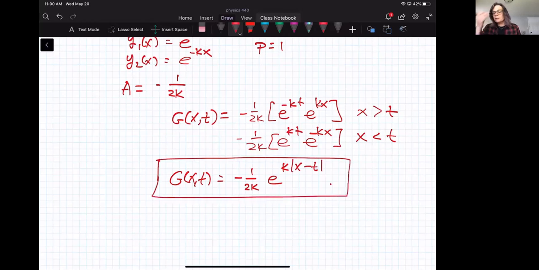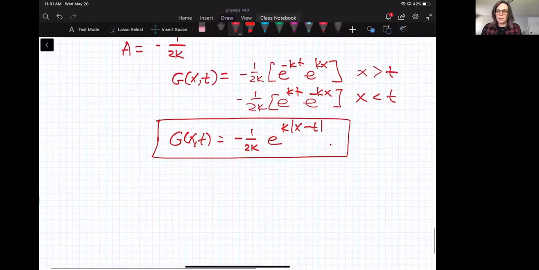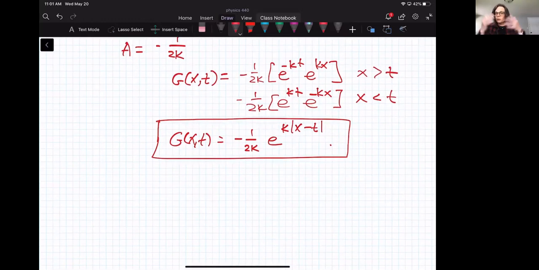So that is the one-dimensional solution to the Green's function for the Helmholtz differential equation. And in fact, now that you have this, if you were given the Helmholtz equation and you're given f of x so that it's non-homogeneous, you have a pathway to solving that equation.